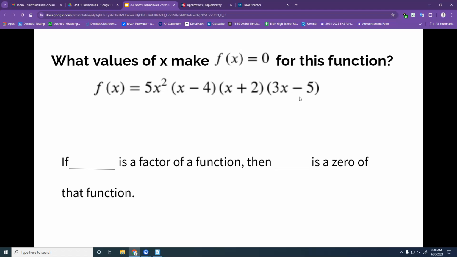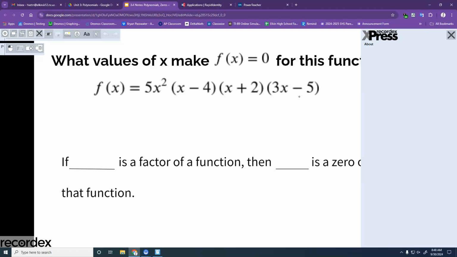Okay, so what's a number I could plug in for my x and it would give me 0? I heard 0? Okay, if I used 0, f of 0 would be 5 times 0 squared times 0 minus 4 times 0 plus 2 times 3 times 0 minus 5.